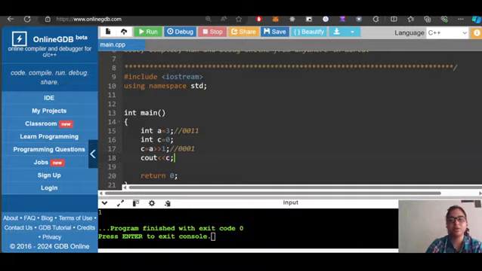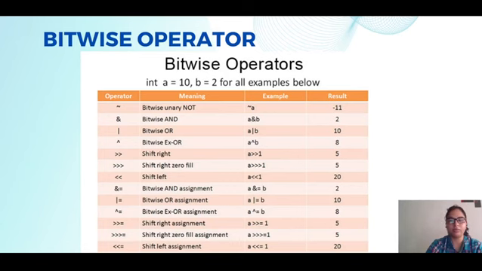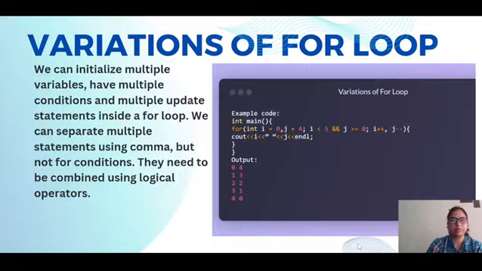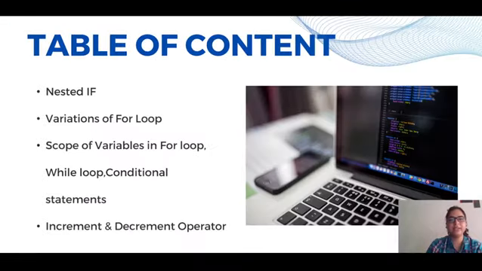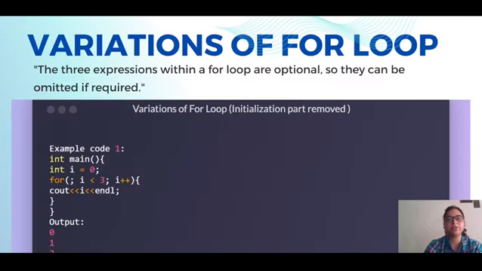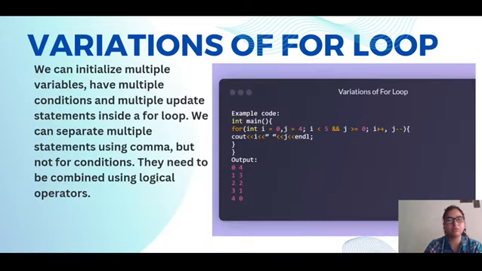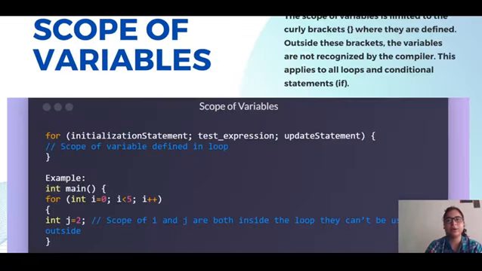Fine. Let's quickly recap what we have learned up till now. We have seen what is nested if, the variations of for loop, such as when the initialization part is removed or the updation part is removed. We have seen multiple variables, multiple conditional statements, and multiple updation statements specified in one single for loop. We have seen the scope of a variable.